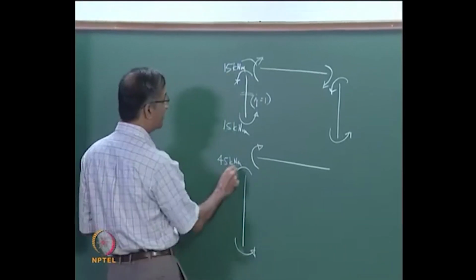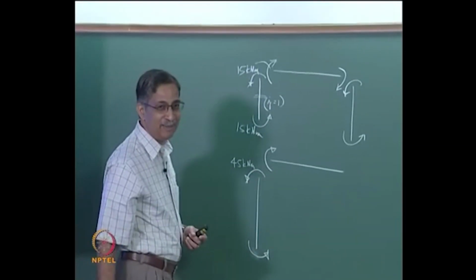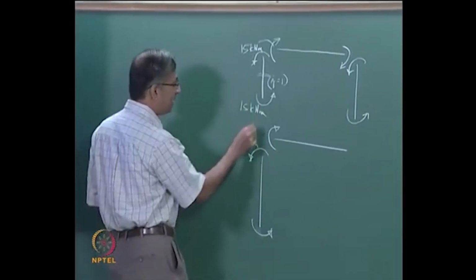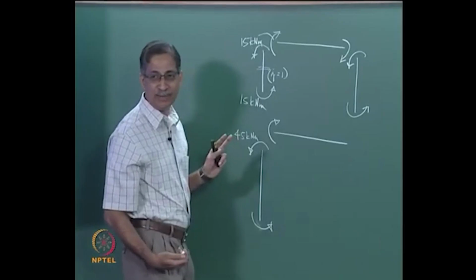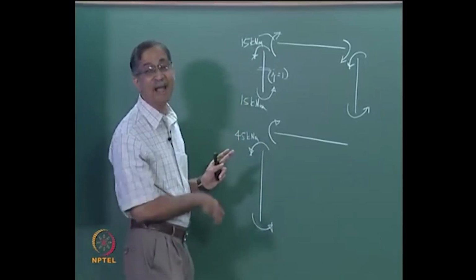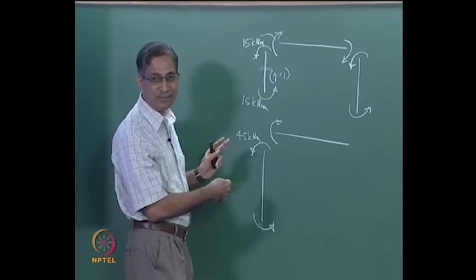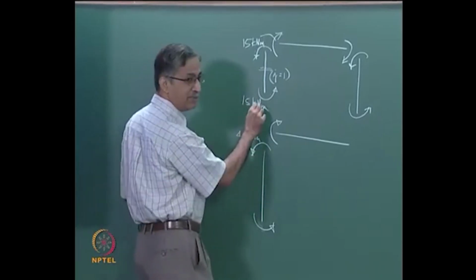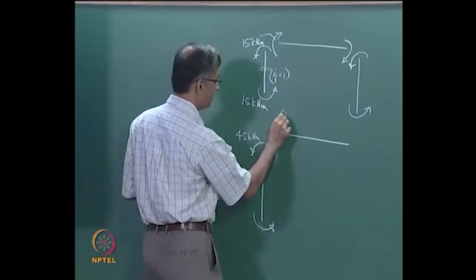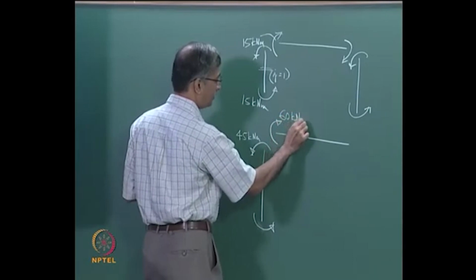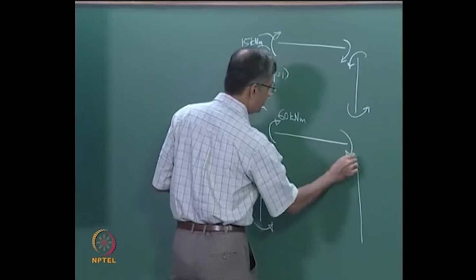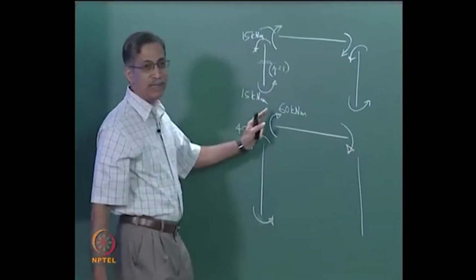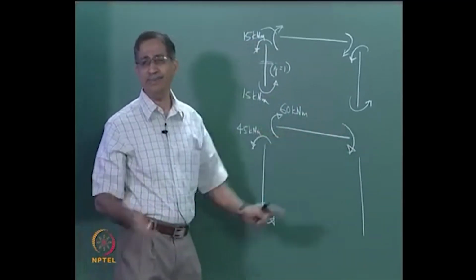Now you can either subtract or add, but these are both anti-clockwise. When you join all the elements together, you should not have a nodal moment. So you have to add, not subtract, do not make that mistake. So it is 45 plus 15, which is 60. Is it clear? And the same thing holds good here. So you just need to do it at one end and it gets replicated. So it is very easy.